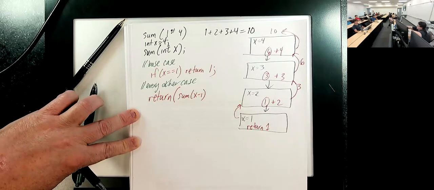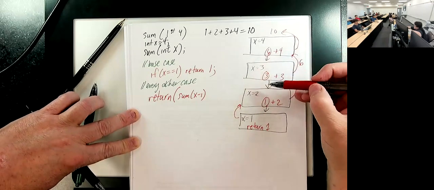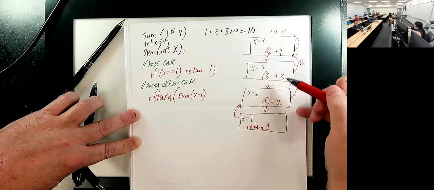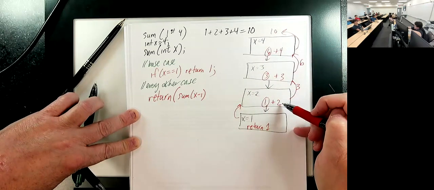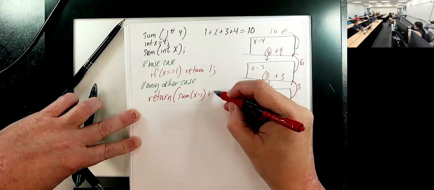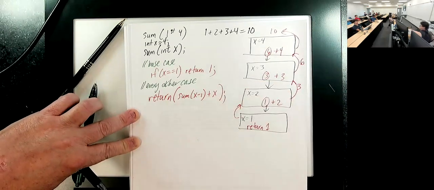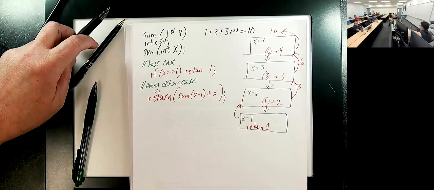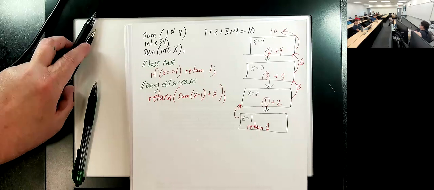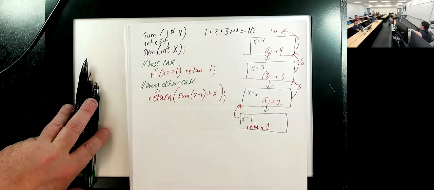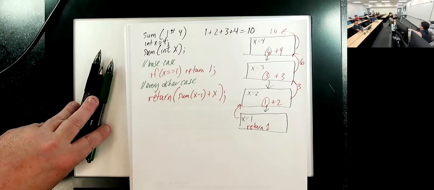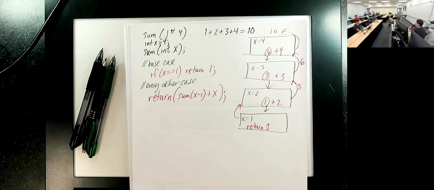Does that seem like it's going to work? Yeah. And then I'm adding into it the current x. Does that track? Does that make sense to everybody? I want to make sure everyone else is on board.